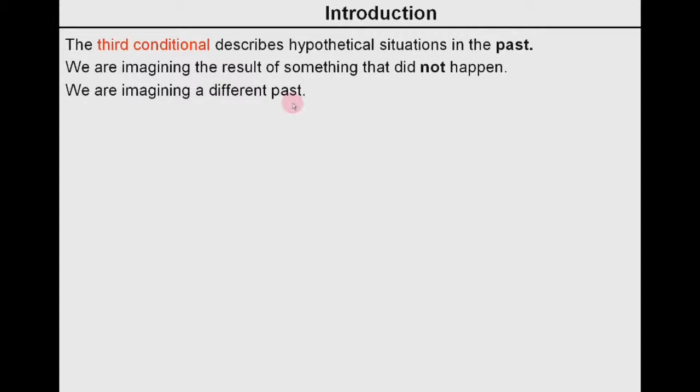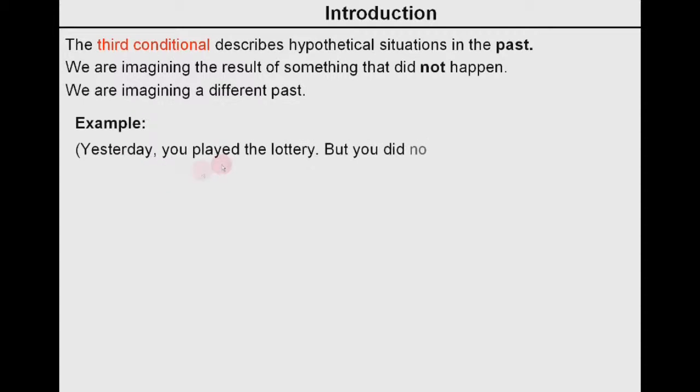A different past. Let me give you an example. So the context for the example is: yesterday you played the lottery, but you did not win. So this is the context.